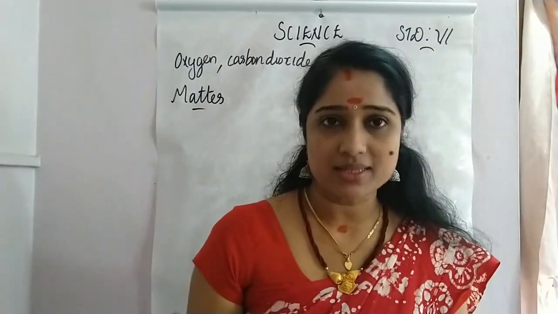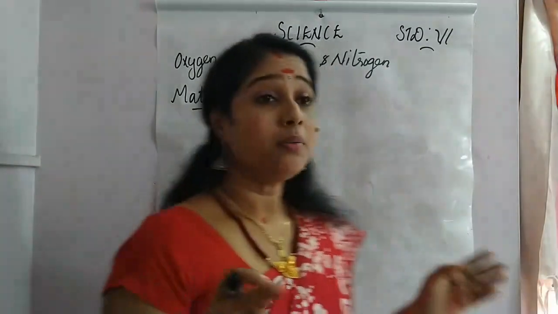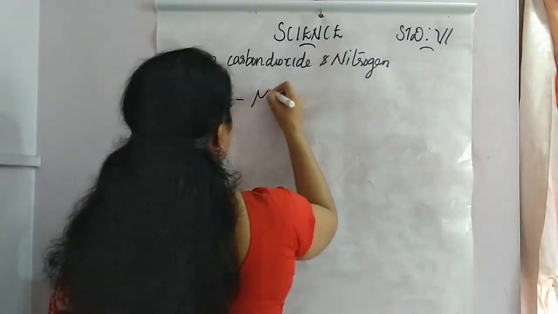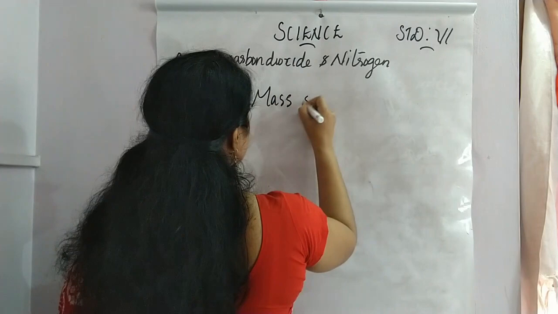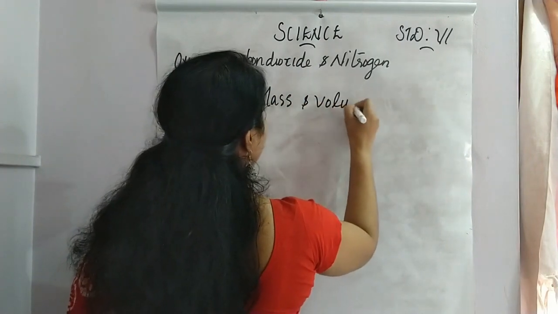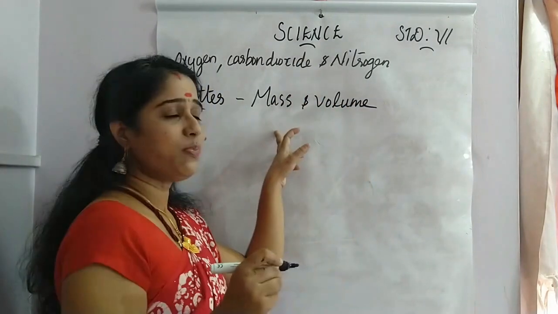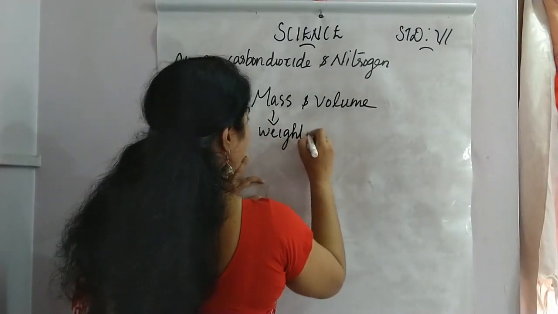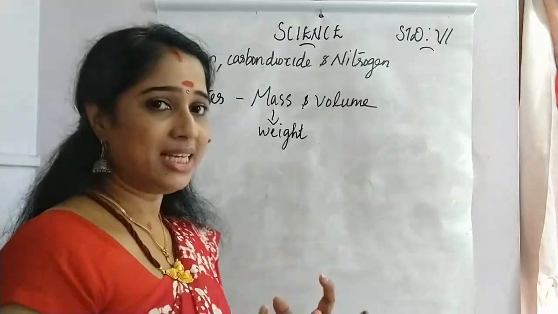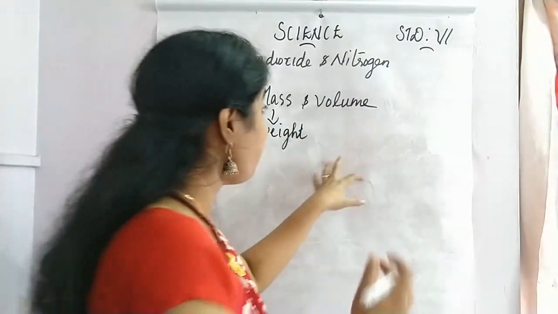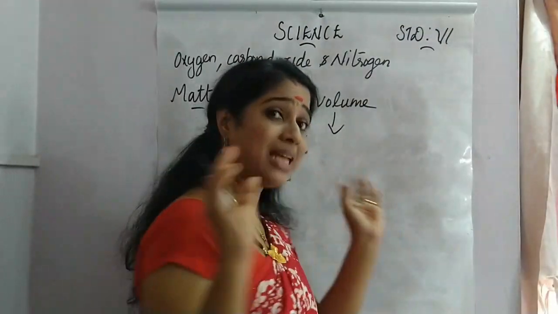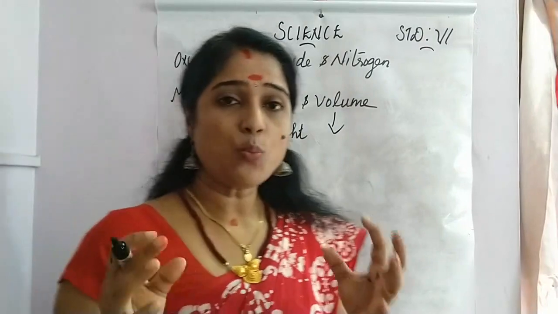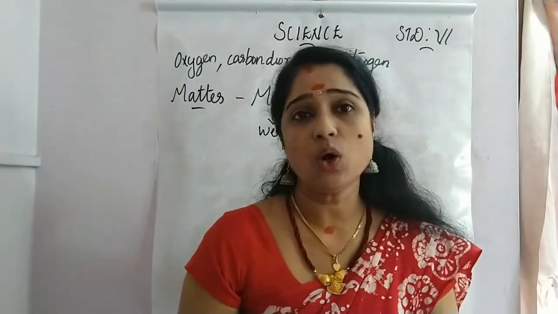Matter is a substance that has got mass and volume. What is meant by mass? It is the weight. And what is volume? The space it occupies. The space it occupies, that is the volume.